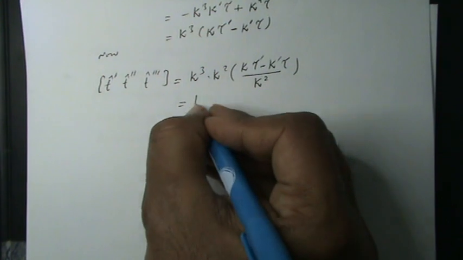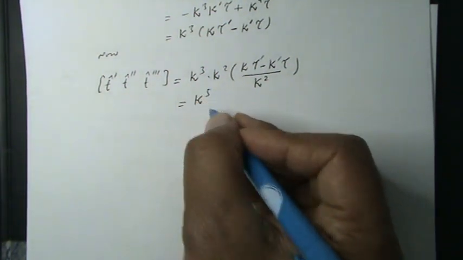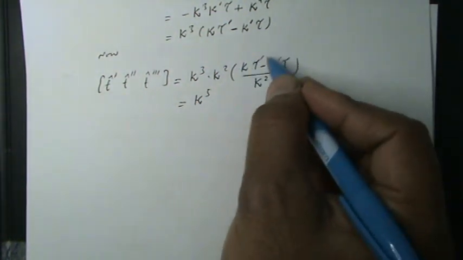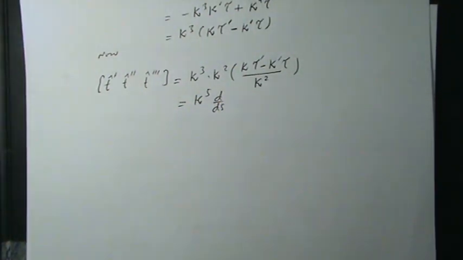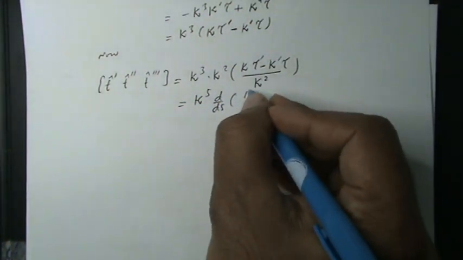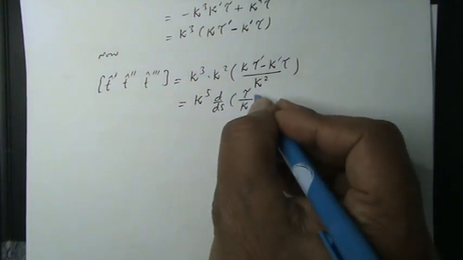This term is equal to kappa raised power 5. This will be d by ds of tau over kappa.